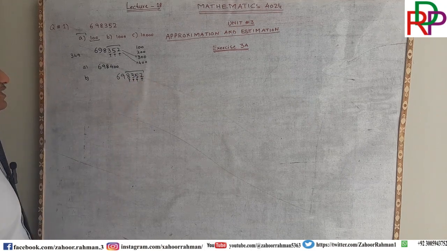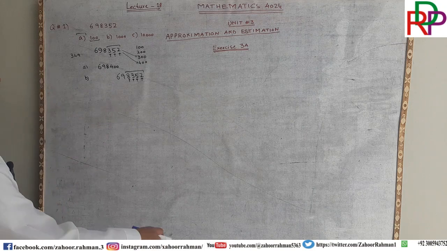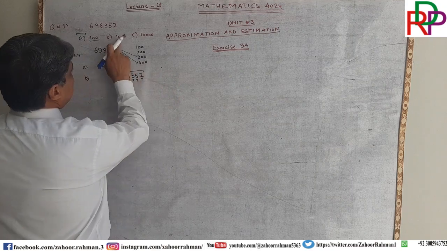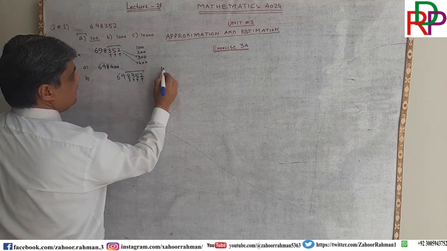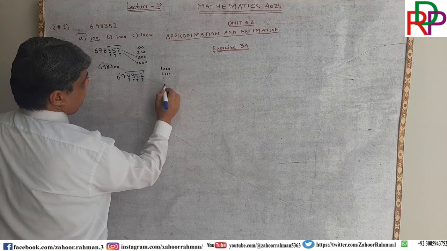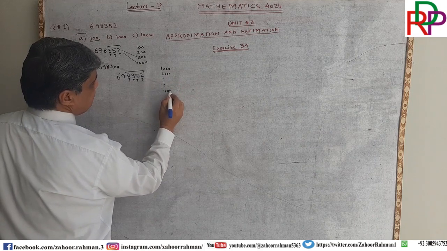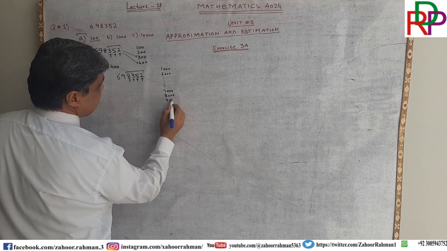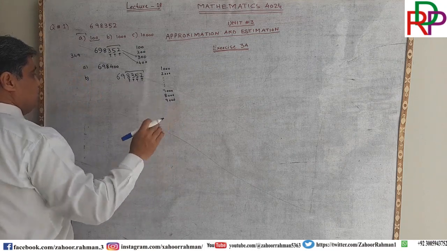Because you have to write the 1000 table, so 1000, 2000, and so on, 7000, 8000, 9000, and so on.